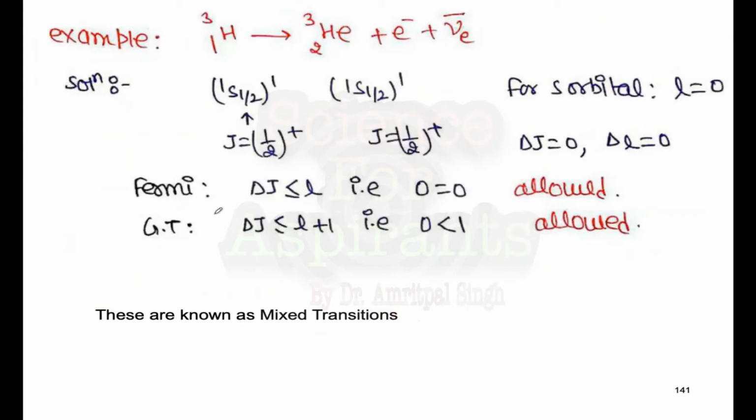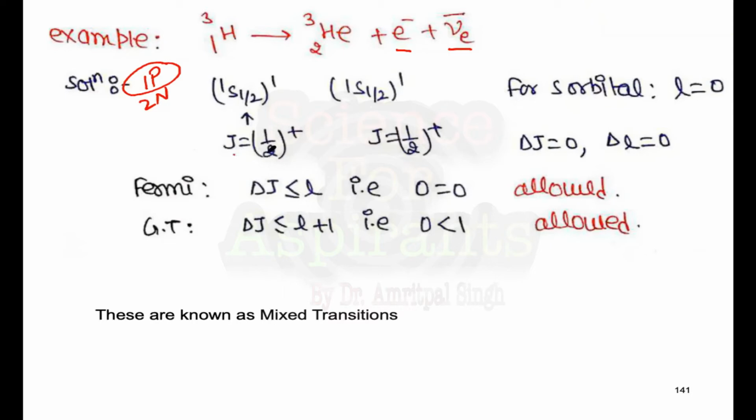Now in this example, tritium is being converted into helium, and along with that the beta particle is coming out and the antineutrino is coming out. Now you find that in tritium there is 1 proton and 2 neutrons. Using the shell model, we can find the total spin of this particle, which is due to the last unpaired proton, and its value is 1s1 by 2.